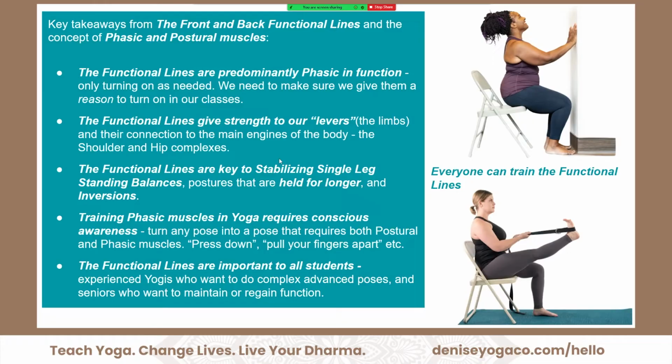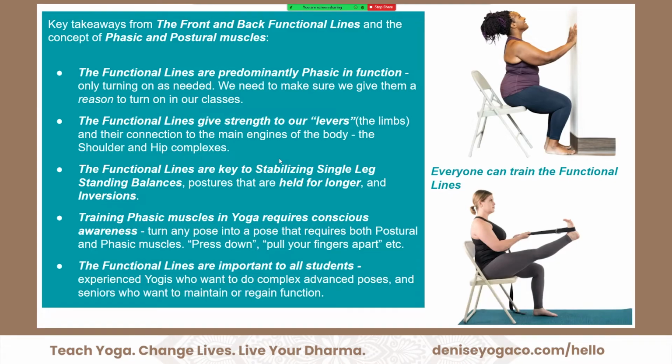And whenever you're using your functional lines, you're using phasic muscles. So that's good. But let's think about the main concept here. The functional lines are predominantly phasic, predominantly in function, and only turn on when needed. So we need to make sure we're giving them a reason to turn on in our class.